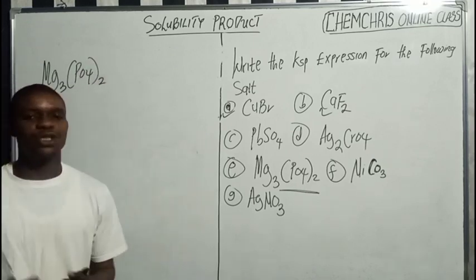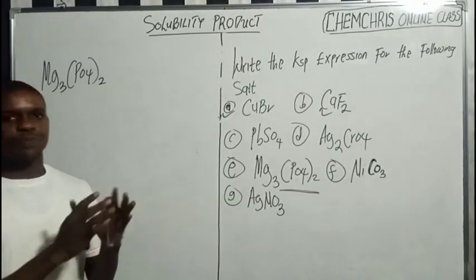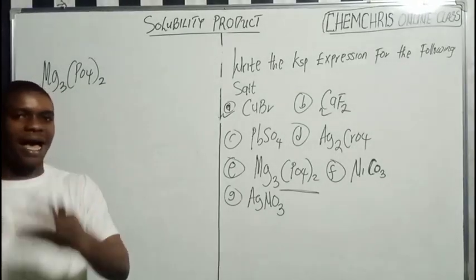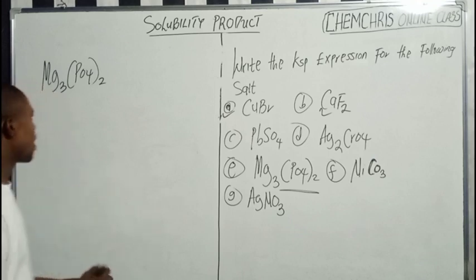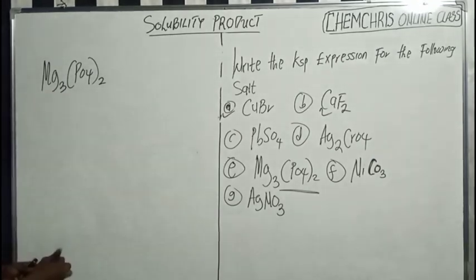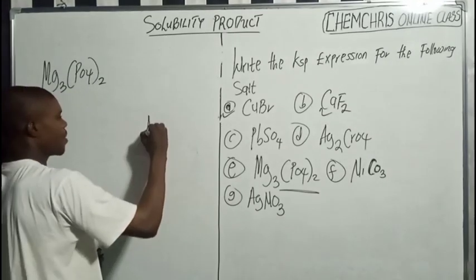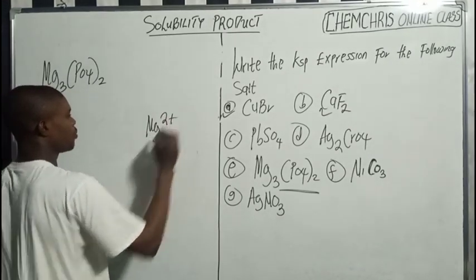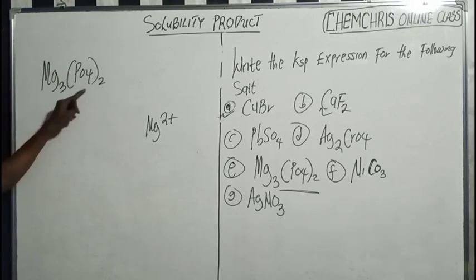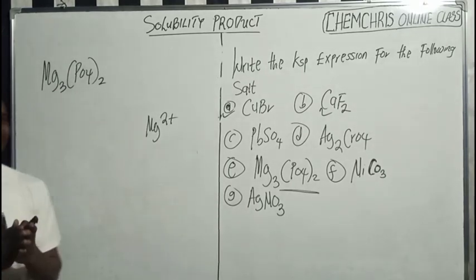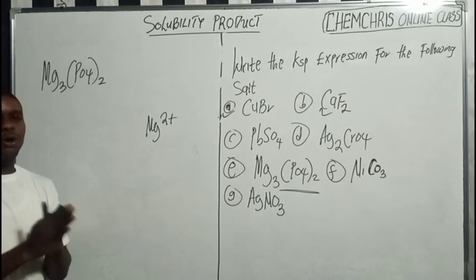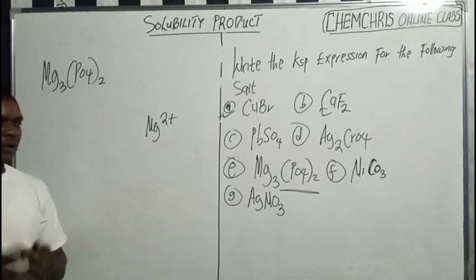Now, like I said, you have to split it and know their ions. If you check very well, this is magnesium, and magnesium is always 2 plus. So Mg2 plus. Now PO4 is a radical, and PO4 is 3 minus. So you have PO4 3 minus.